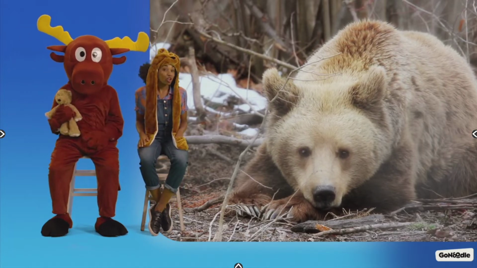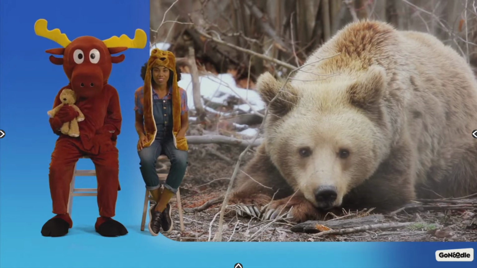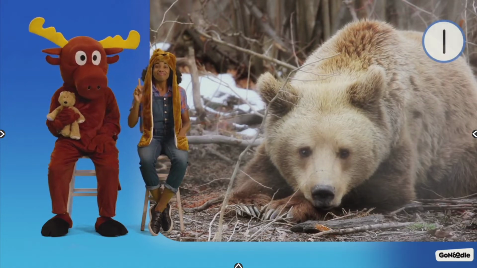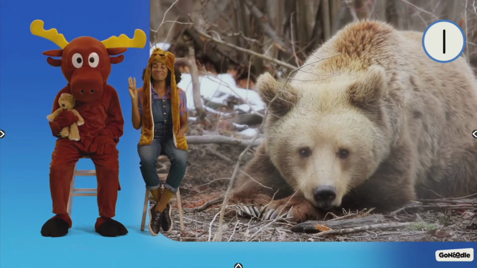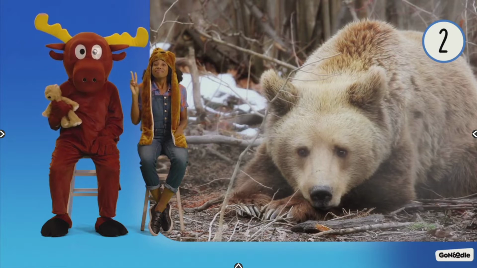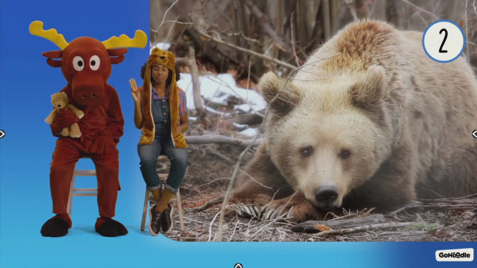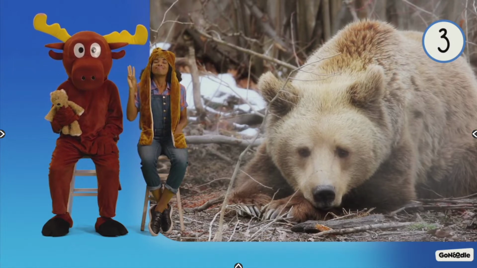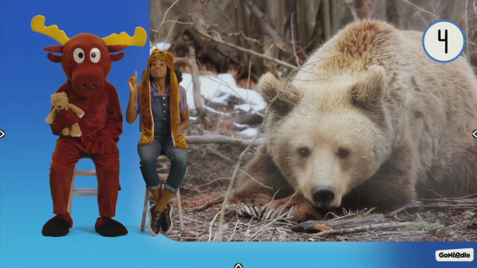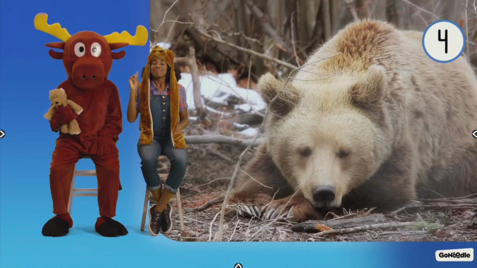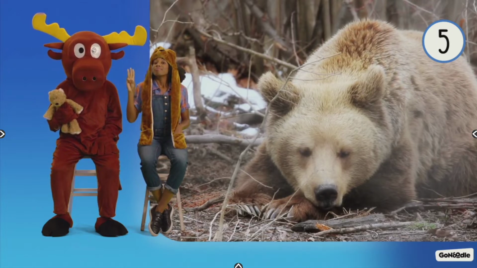Get comfy, close your eyes, or keep them open, and let's take 10 big bear breaths. Ready? In, 2, 3. Out, 2, 3. In, 2, 3. Out, 2, 3. In, 2, 3. Then out, 2, 3. Breathe in, 2, 3.